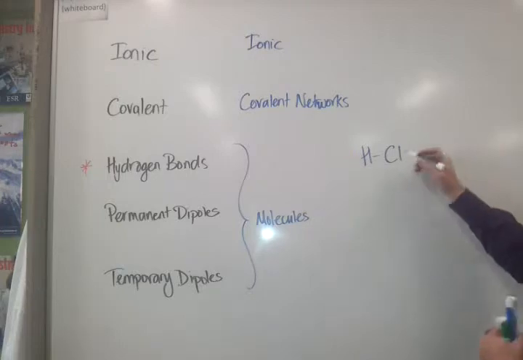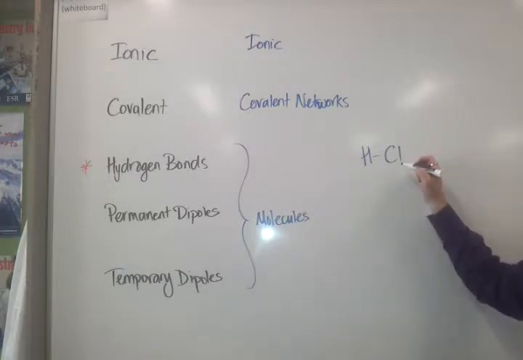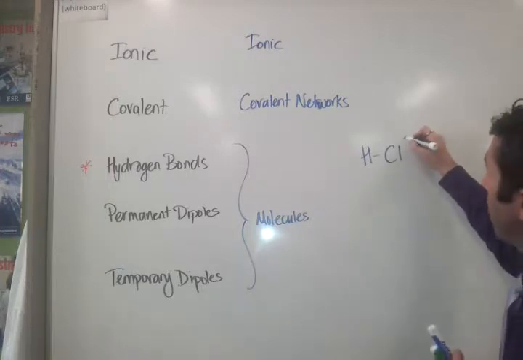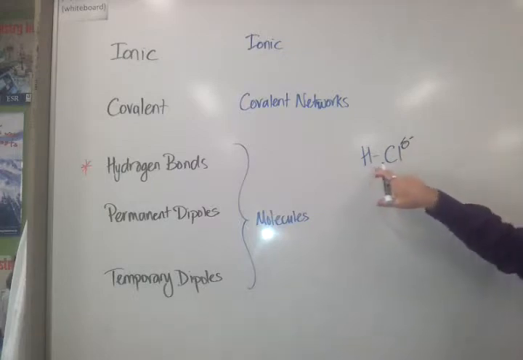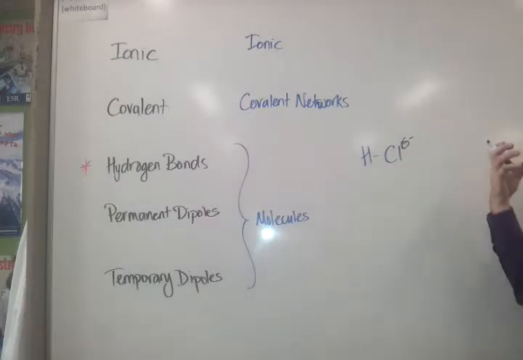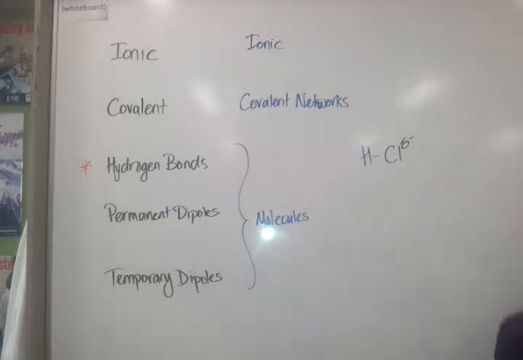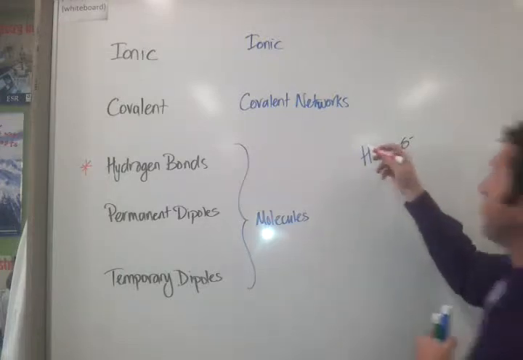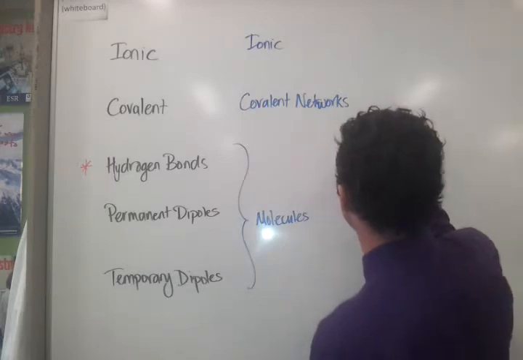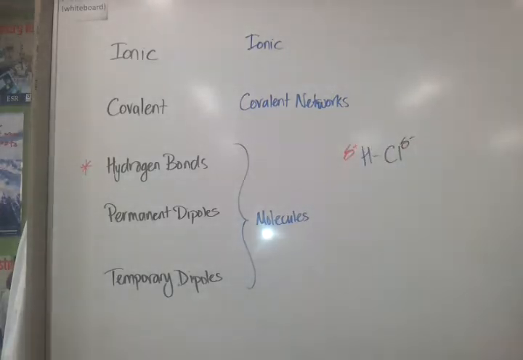So the chlorine has got the higher electronegativity at 3.0, so it will have a stronger pull for the bonding electrons, making this side of the molecule delta negative. I draw it as a bit of an S that curls around because I think of it as slightly negative. But molecules have no charge, so therefore the hydrogen side must be delta positive, or slightly positive.